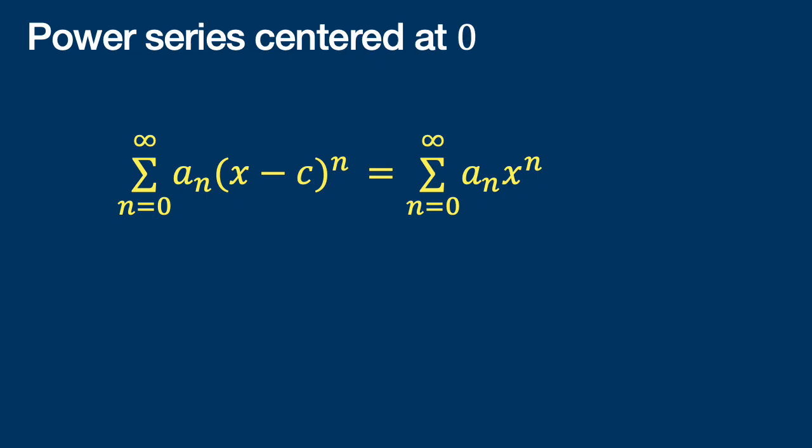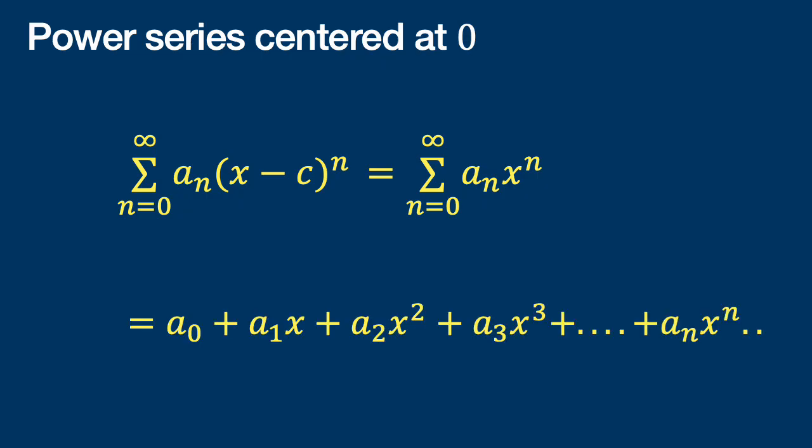Let's expand this series. n equals 0 gives a0, plus n equals 1, a1 x, n equals 2, a2 x squared, and so on. Look at this power series. Looks familiar? This one is like a polynomial.